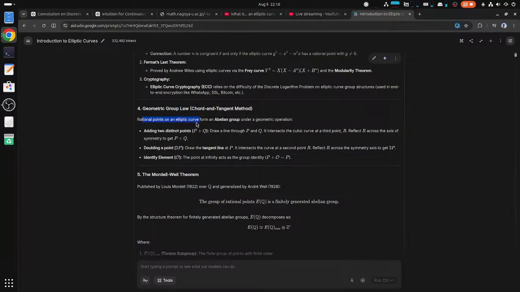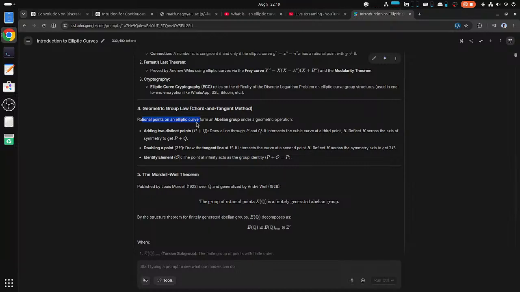Adding two distinct points: if we take two points P and Q on the curve, we draw a line through P and Q, and it intersects the cubic curve at a third point R.